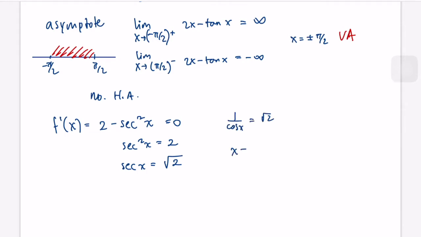So this x will be pi over 4, and we have plus minus. We can check when it will be increasing, decreasing, maximum, minimum, but I think we can check with the number line.